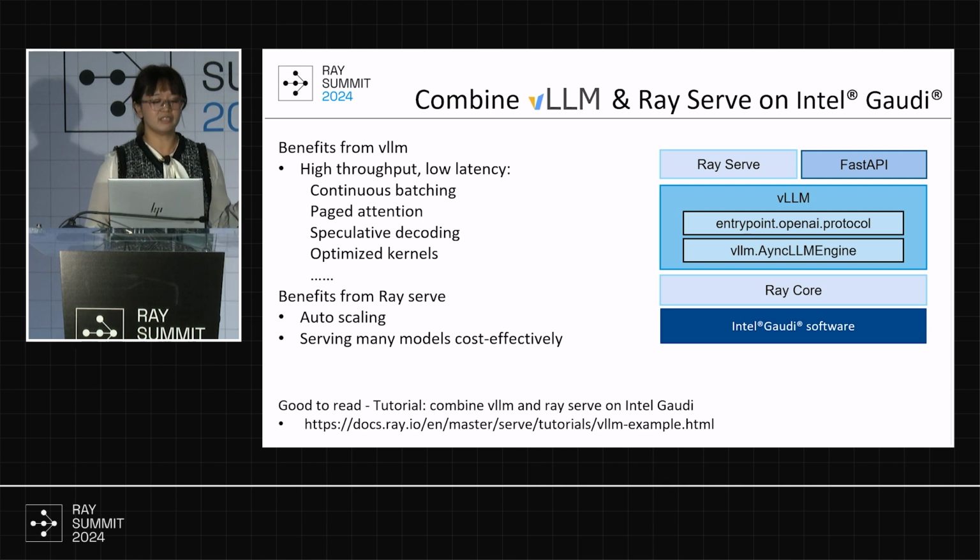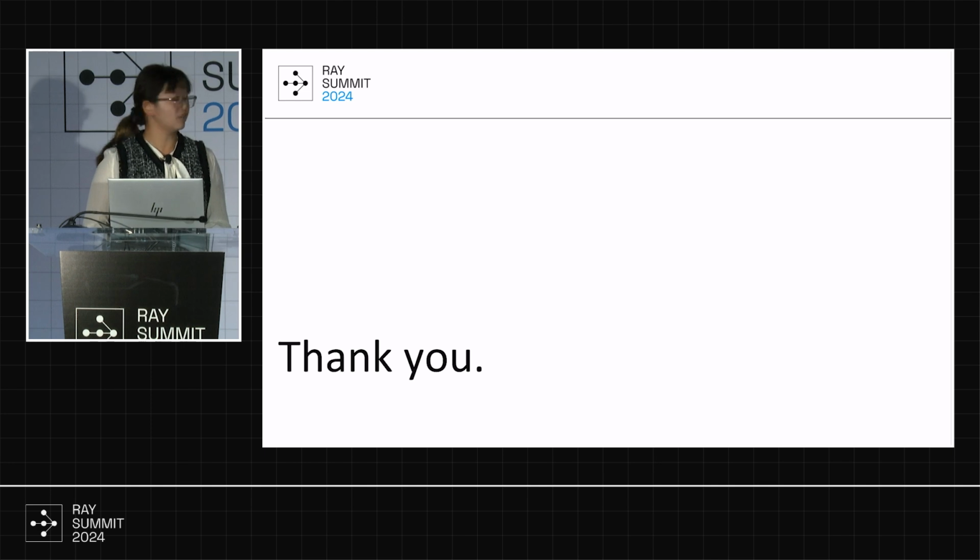So one solution here is to replace FastAPI with Ray Serve, so it can be deployed on KubeRay and do any-scale scaling. An example is also provided here, contributed by one of my colleagues, and it's on ray.io. Okay, that's all. Thank you.